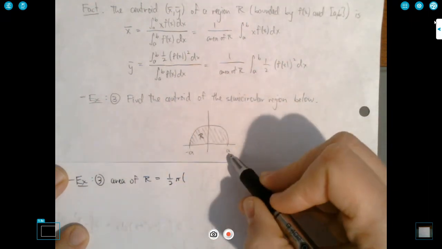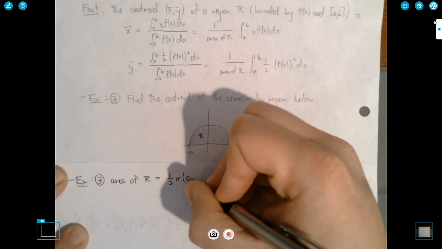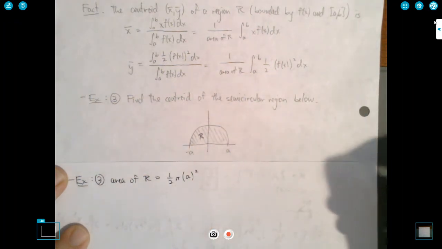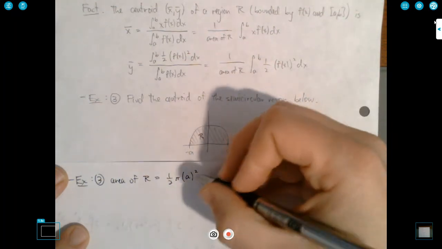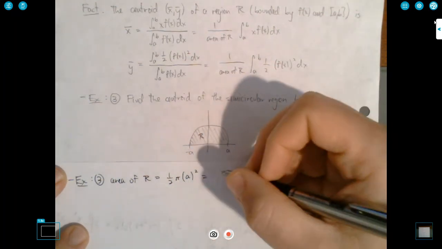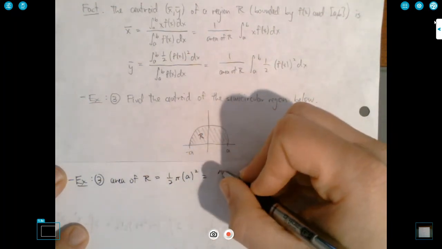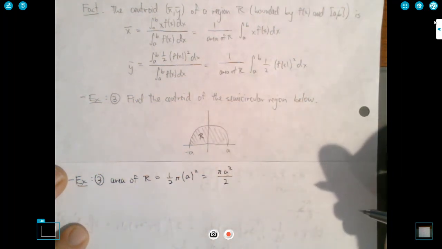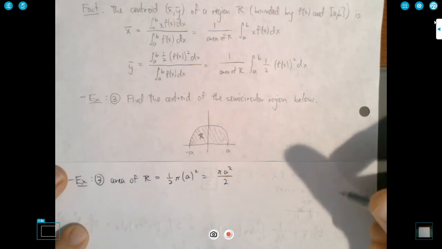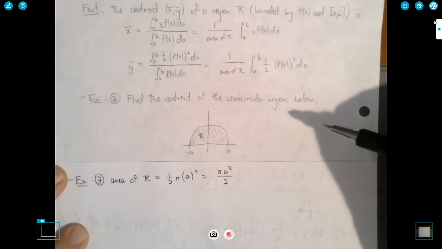And in this case, r is just a. The radius is just the number a. So it's 1/2 pi times a squared. I suppose we could clean that up and call it pi a squared over 2. So that takes care of that first part.